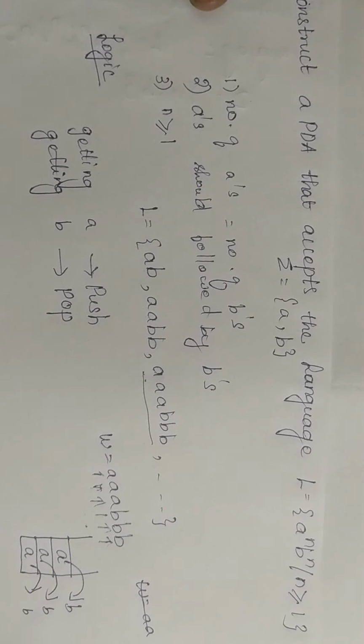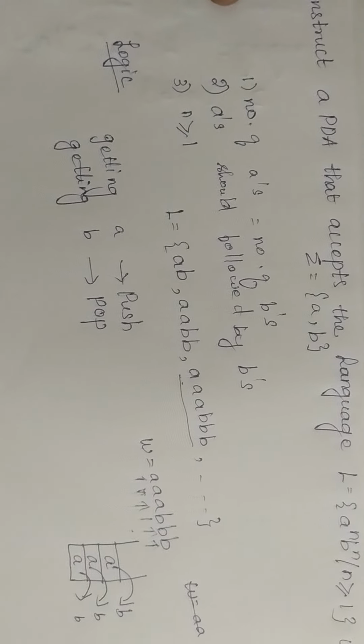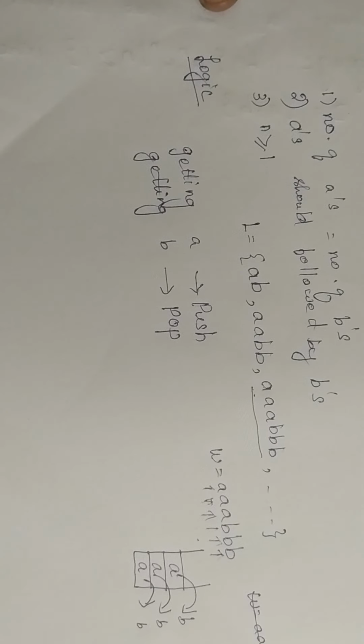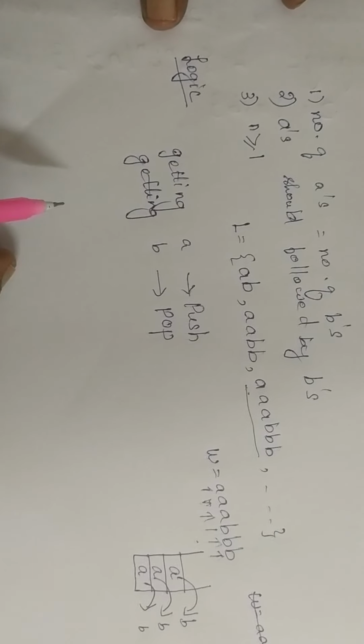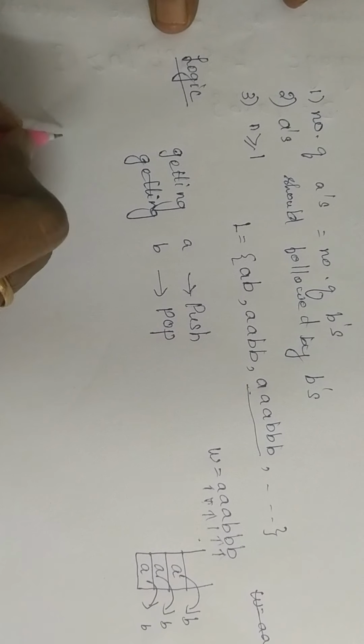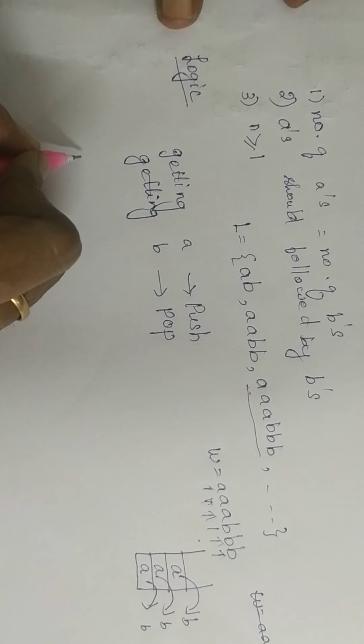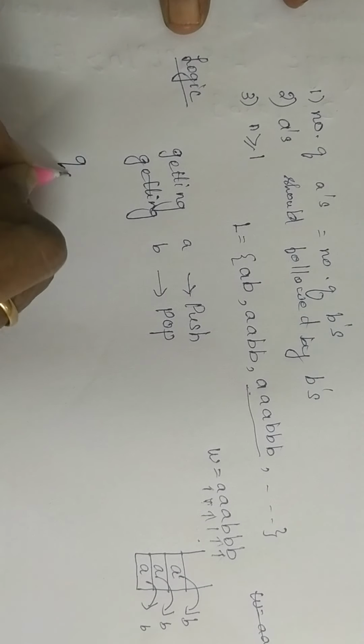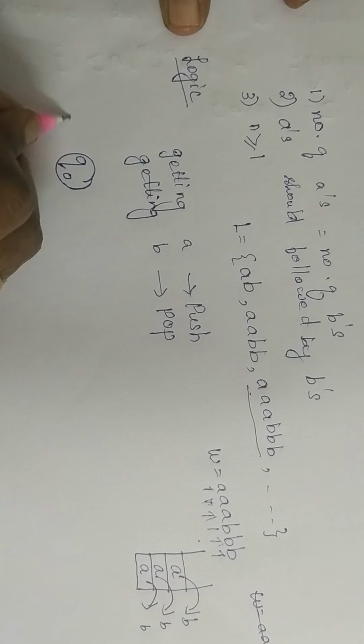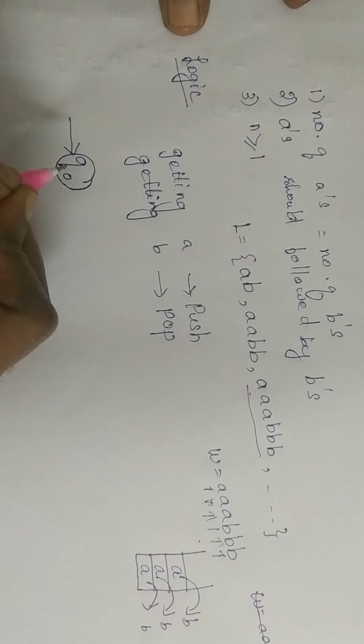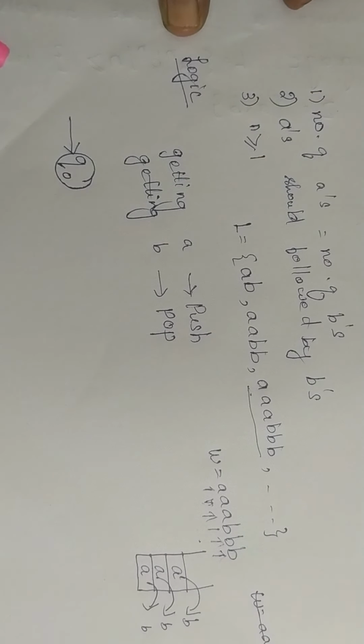Now we are going to develop the push-down automaton for this language. First, we have a starting state, which I am taking as Q0. Q0 is the starting state. Now we have to draw the transitions.